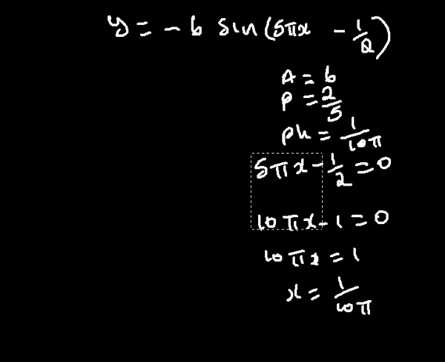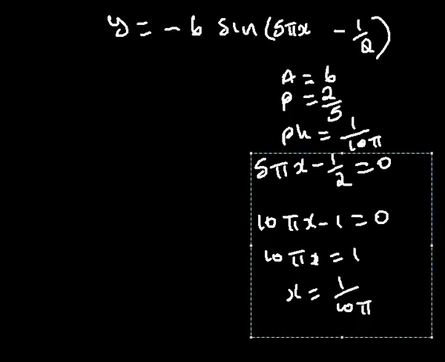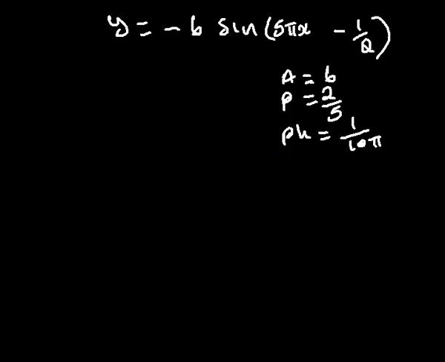And where would the graph be ending? The ending point of the graph is calculated by summing the period and the phase shift. So we have 2 over 5 plus 1 over 10 pi.